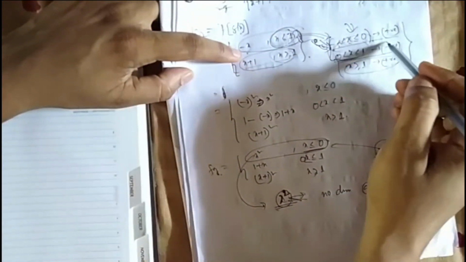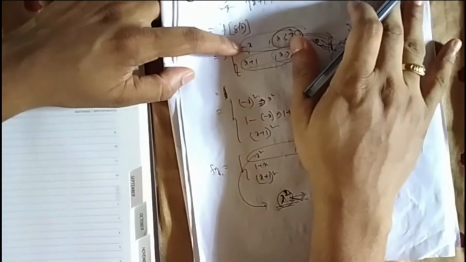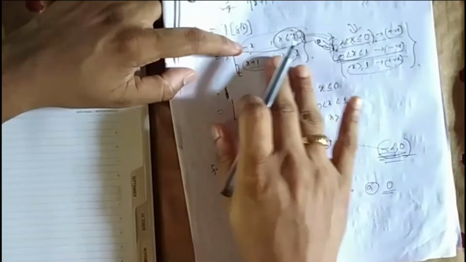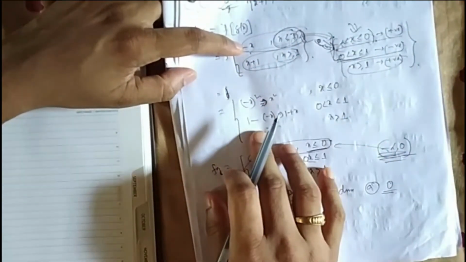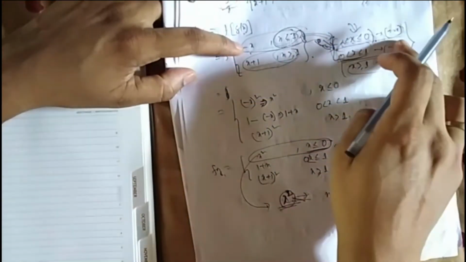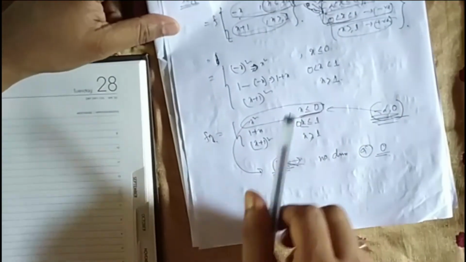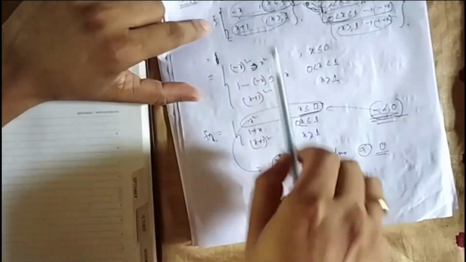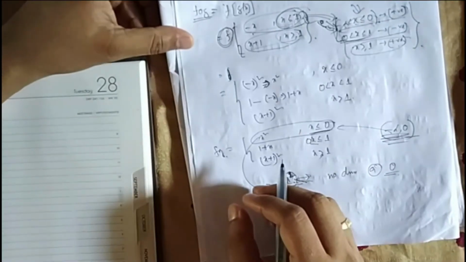You check the food habits of F, how it is going to eat, and as per that you write the outputs of G, how G will give the output, and now you feed F. Got it? If it is positive, then feed F positive values. If it is negative, feed F negative values. You have to check the food habits of F and G both. Especially the outer one is the most important. Here the outer one is F. So you have to take care of the food habits of F, how it is going to take the food.